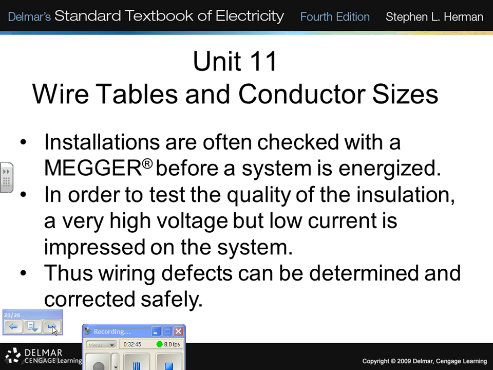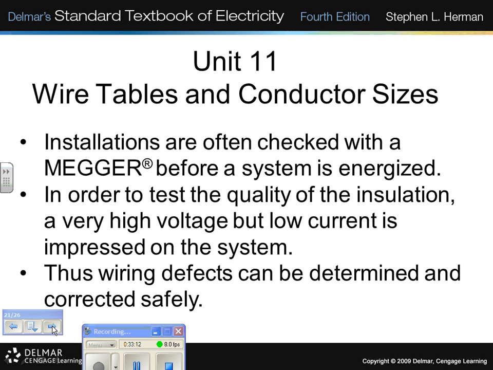Installations are often checked with a megger before a system is energized. Why do they check it with a megger? To see that it has the exact same resistance from end to end, in order to test the quality of the installation. Okay, we won't get into that. Wiring defects can be detected and corrected safely.